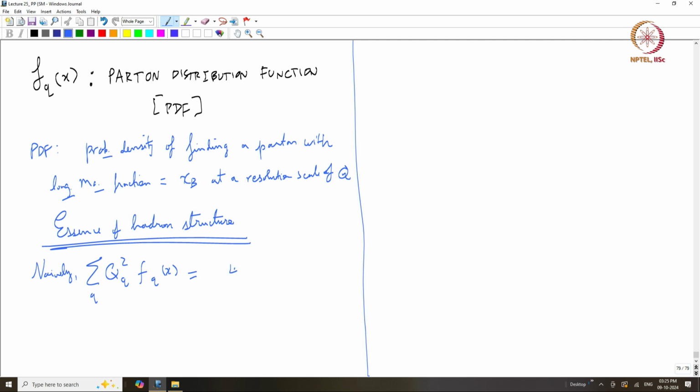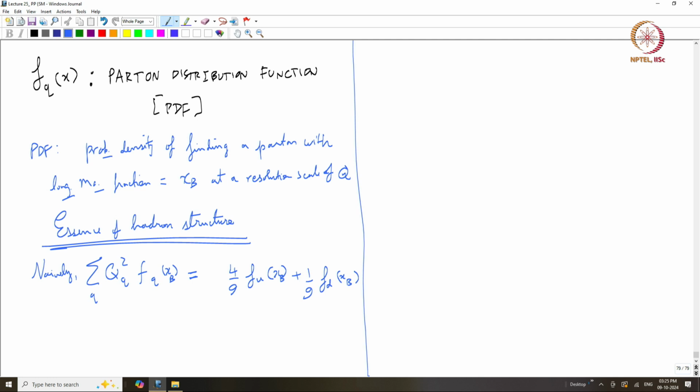I have a 4/9 with an fu of xb, that is for the up quark, correct. Why 4/9? I have a 2/3, I square it, and I have a 1/9 fd for the down quark. So, naively I think this is what the sum should be.